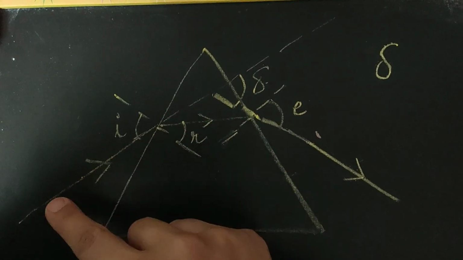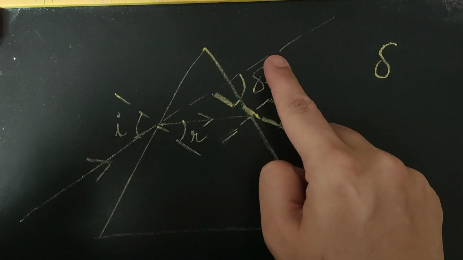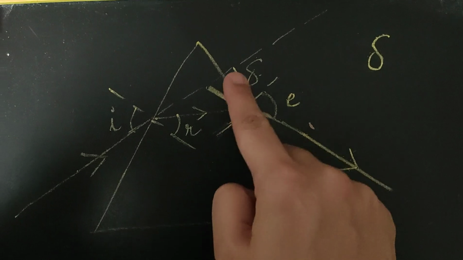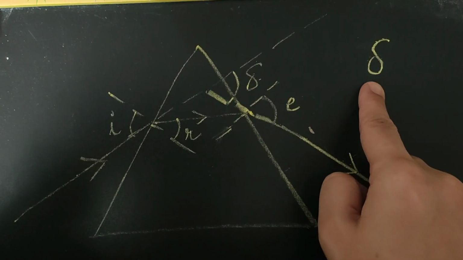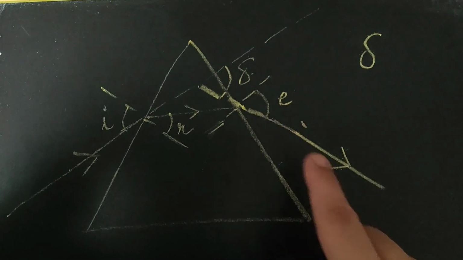That means जो expected path था light का जहाँ वो जाती without the prism और जो actual path है light का जहाँ वो गई due to the prism, उनके बीच का एंगल इज एंगल ऑफ डेविएशन. कितना डेविएट हुई है लाइट अपने एक्चुअल डायरेक्शन से, दैट इज द एंगल ऑफ डेविएशन.